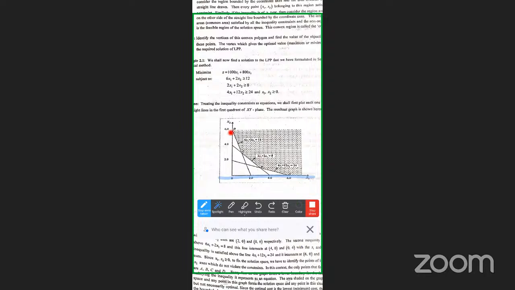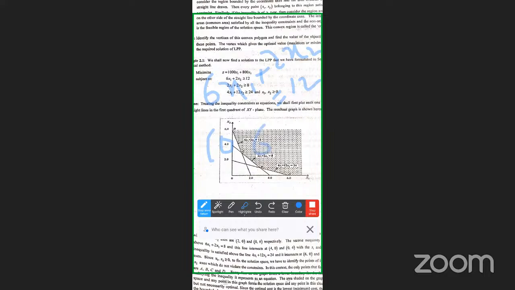So draw the lines. First equation: 6x1 plus 2x2 is equal to 12. We can take x1 equal to 0. Substituting x1 equal to 0 in this equation, the x2 value is 6.